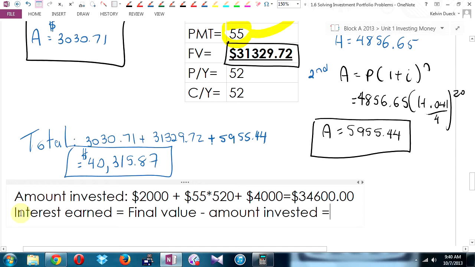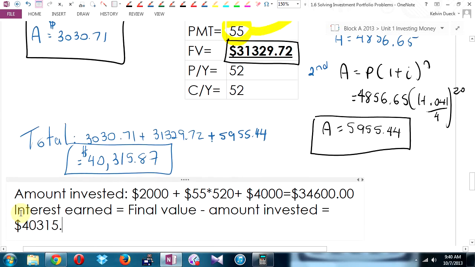So for us, it's going to be $40,315.87 take away $34,600. And it's giving me a strange answer. Hang on. $40,315.87 take away, on my calculator.